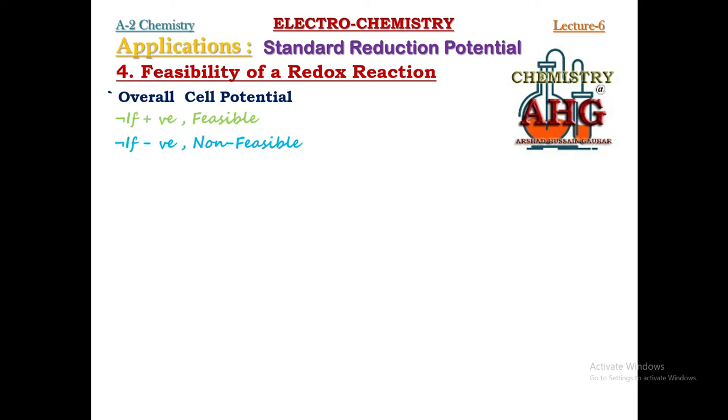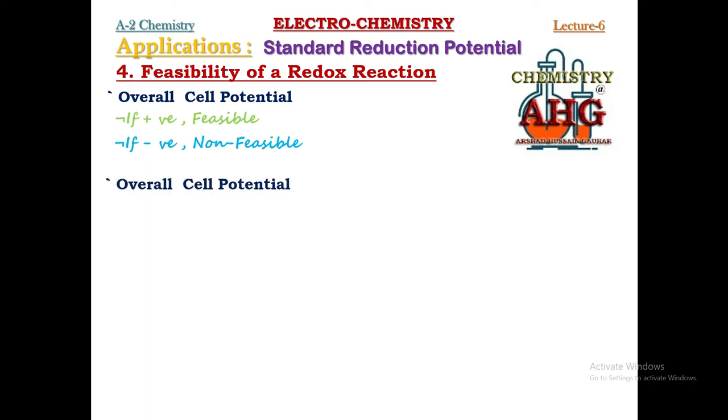Second thing, once a reaction has become feasible, it has produced some voltage. Now how will you decide whether that reaction is spontaneous, that it can take place quickly at room temperature, or slowly? For that, we must remember a limit of the overall cell potential.